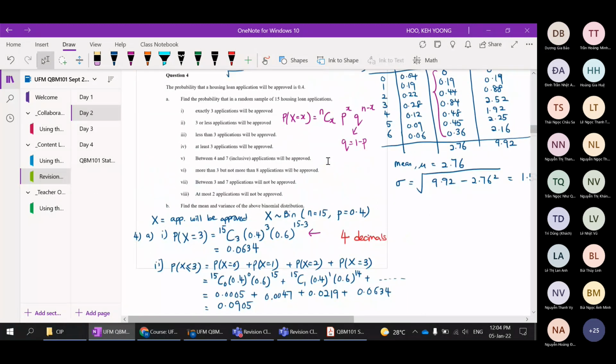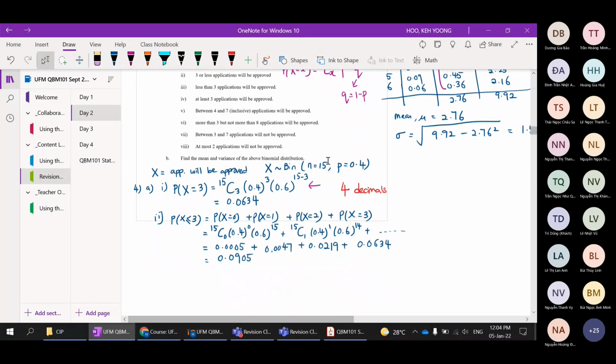So for these questions, basically you just read the questions and then you sum up the required probabilities. For question 3, less than 3 will be approved. This is similar to question 2, but this time you don't include 3.